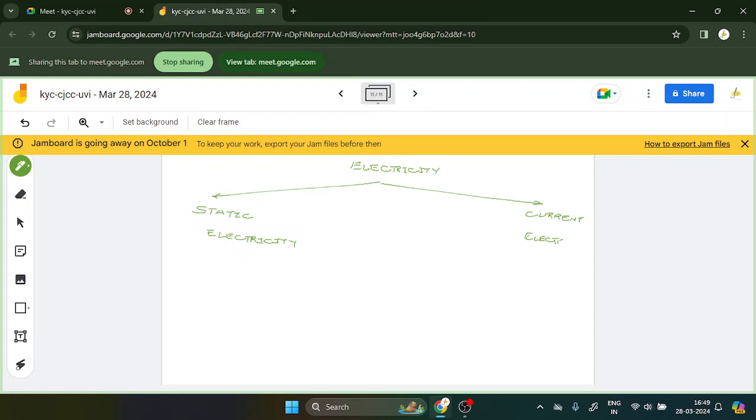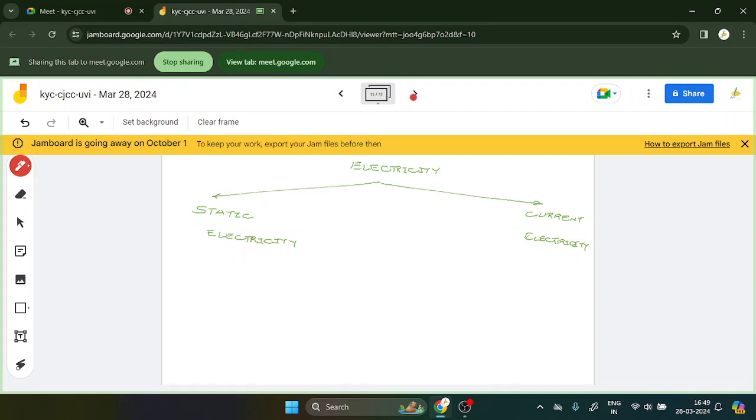Static and current. Now, what is the difference between these two kinds of electricity we will be discussing here. Static electricity is not going to take a lot of time because it is not in the course, so I'm not going to explain it in detail. But we will be discussing current electricity.